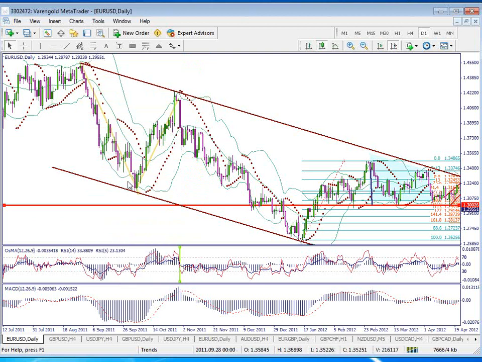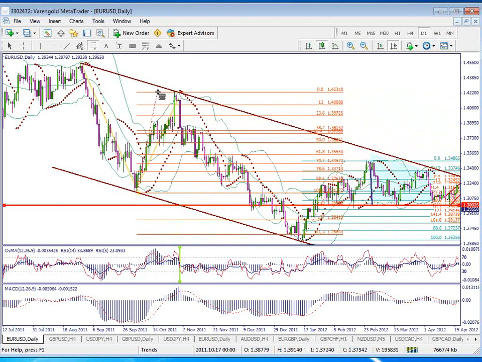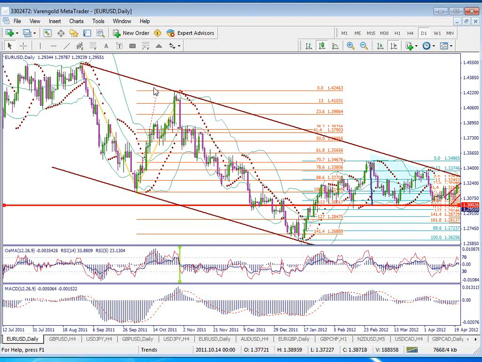The wave number 3 is bigger than wave number 2 and can be at minimum 127 Fibonacci. I will draw again the Fibonacci on wave number 2 as the wave was formed. So this is wave number 2, and here at 127 will be my first target.